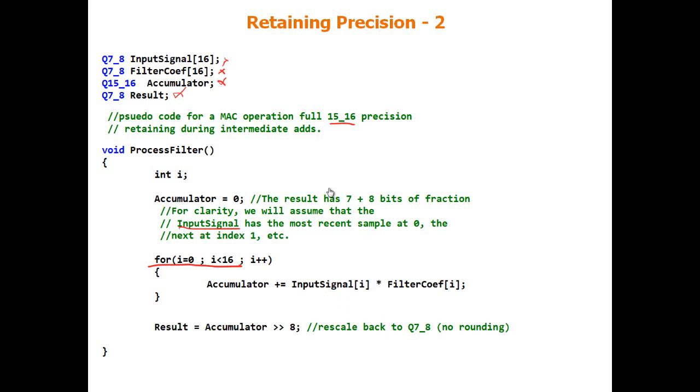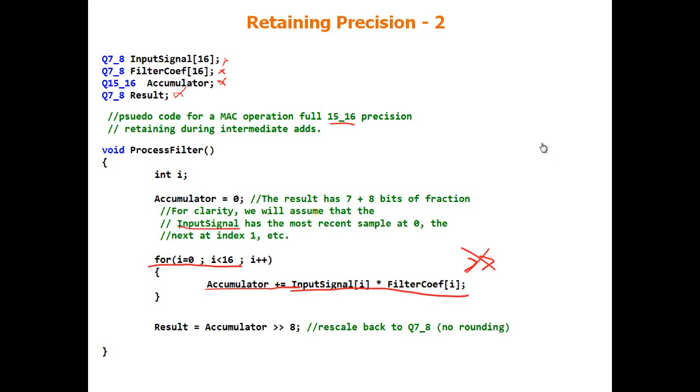And what I'm doing is after every multiply, I'm simply adding it to this accumulator, all right? Because that's what we do for an FIR filter. But you notice I don't do the bit shift after every multiply because I don't have to. Why rescale back to 8 bits of precision?